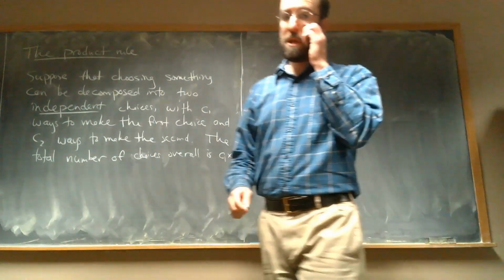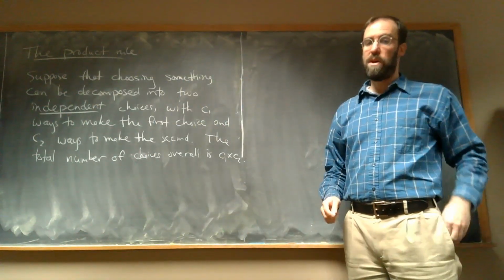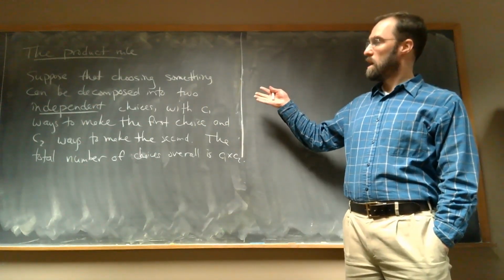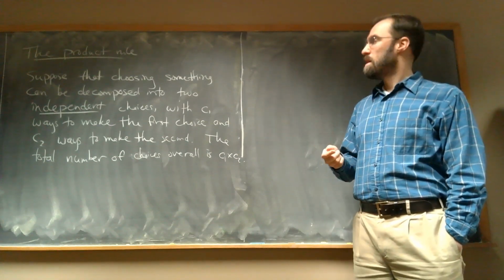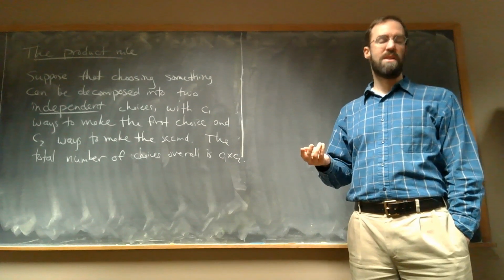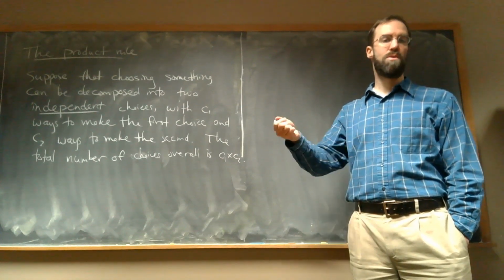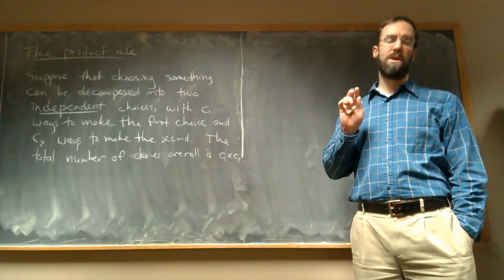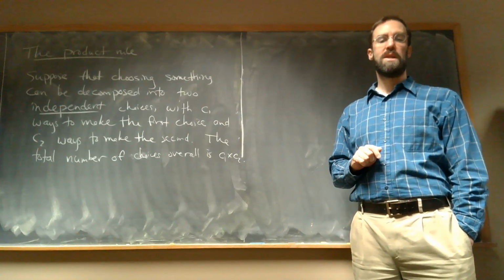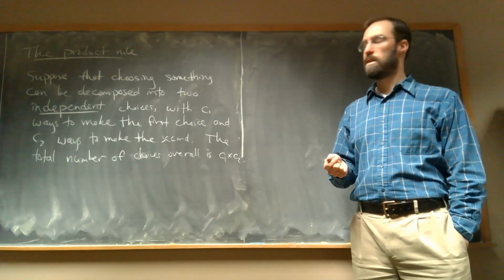Okay. So a couple things to say. Number one, I'm often going to use this language of choosing things. So the number of elements of a set is the same as the number of ways to choose an element in that set. Your book also uses some kind of active language where it talks about performing some tasks or something.